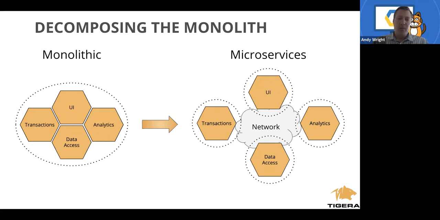When you decompose those applications into microservices, what's different is that rather than getting their work done in memory, they're getting their work done over the network. And this has created a lot more interest in networking in general for cloud native applications over the past several years. But it's also created the need for us to create new ways of securing this network.